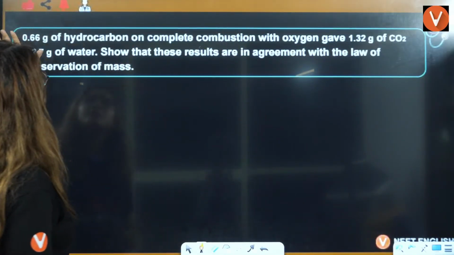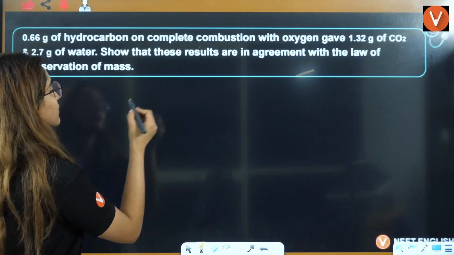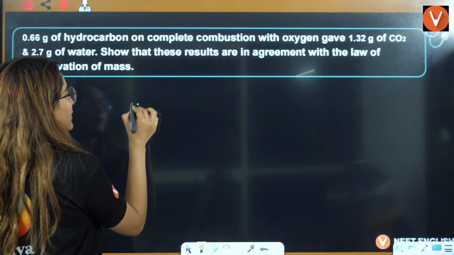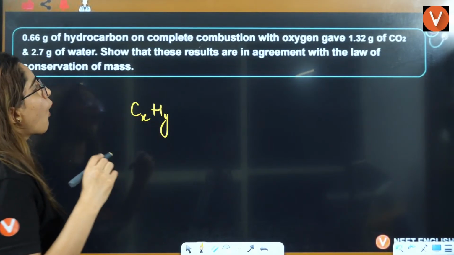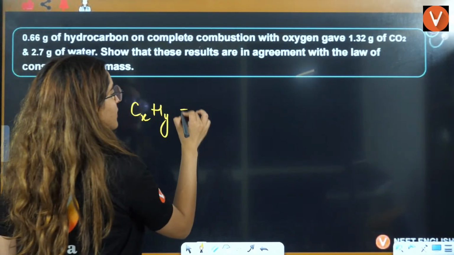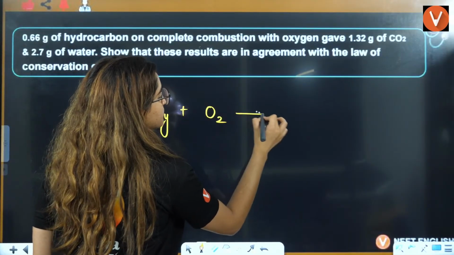So they are saying that there is some hydrocarbon, let's say CxHy, on complete combustion. Combustion means there is some oxygen here.